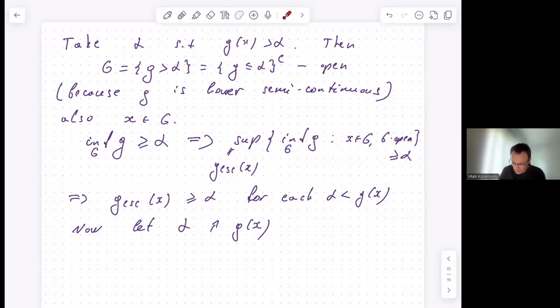When you pass to the limit, the inequality is preserved. Then it implies that the lower semi-continuous regularization of G is larger or equal than G of X. That gives the proof of the lemma.